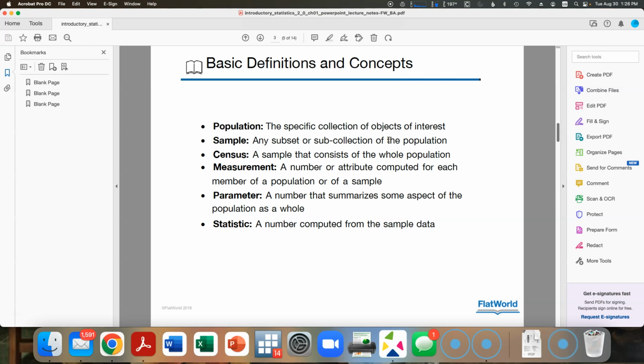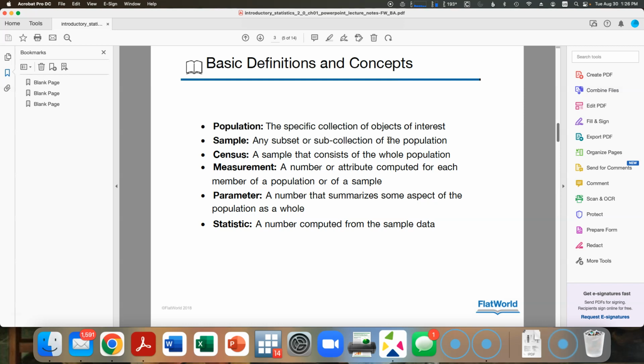Now that sample can typically be a subset of the population. An example of that would be that we could look at new automobiles versus used automobiles.